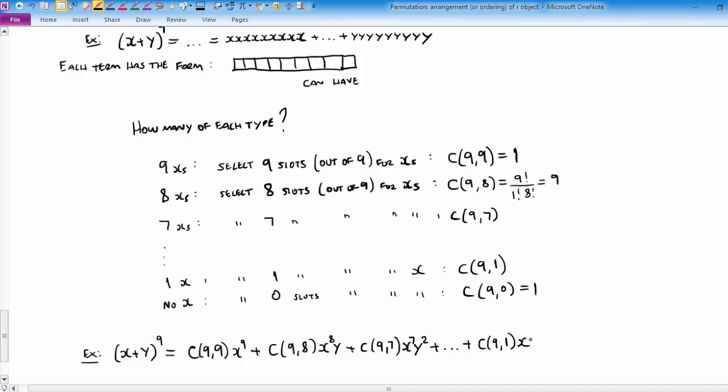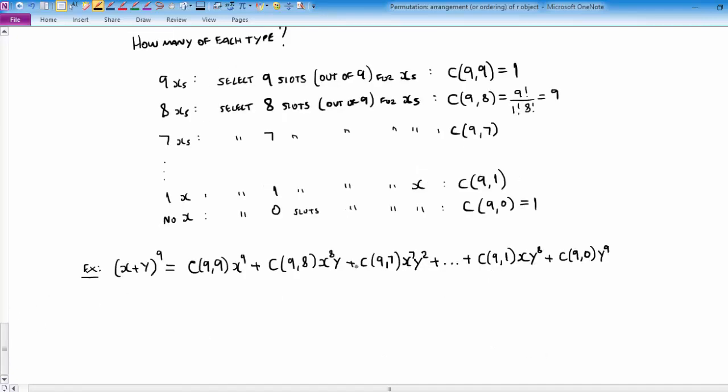Well, if that term has 1 x, and the term has 9 factors, then 8 of them must be reserved for y's. Finally, there's C(9,0) terms with no x's. That means all of them are y's. And that's what the binomial theorem says.